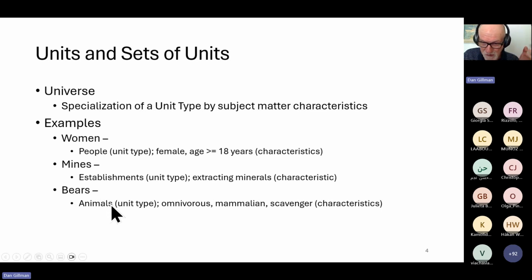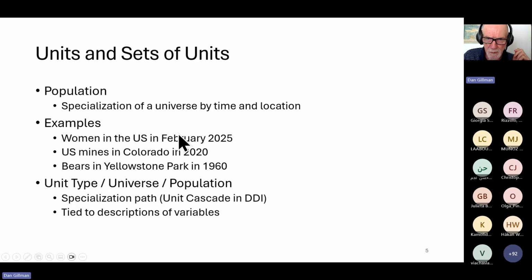Bears are animals that are omnivorous, mammals, and scavengers, and so on. So you can see that you take a unit type and specialize it to the kind of thing that describes the units that you're collecting data about.